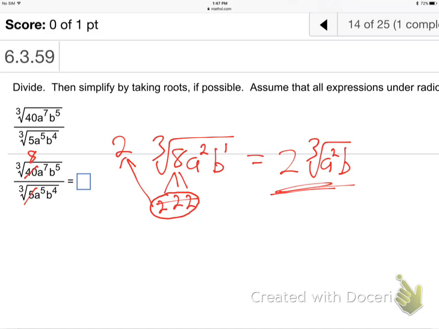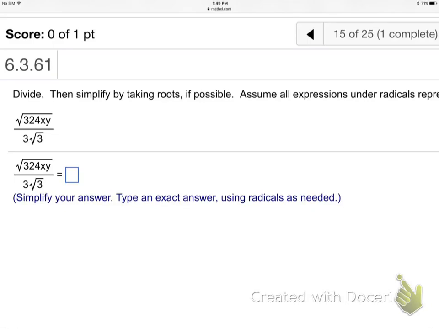Is that good? Questions on that? All right. So let's try that one. So the deal is the 3 on the inside can cancel into the 324.